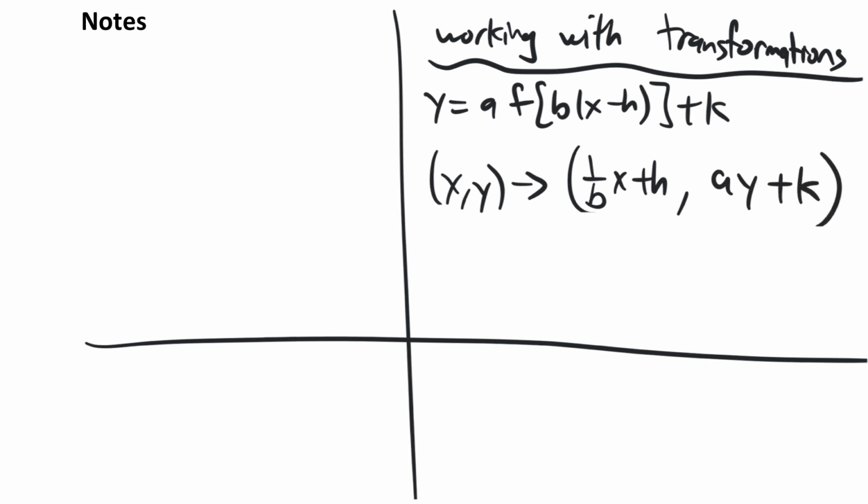That's another way to think about it. We can take the initial (x, y) point and we can map it onto this new point. And this is important because sometimes we have to check points or we have to figure out how one graph gave the other graph.